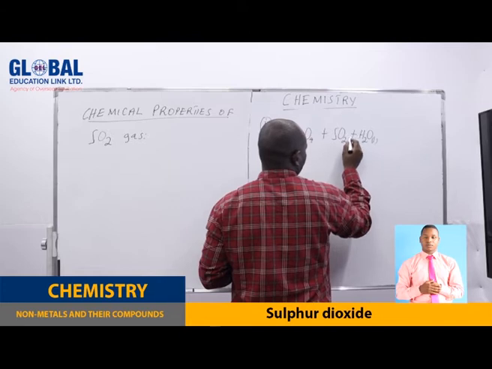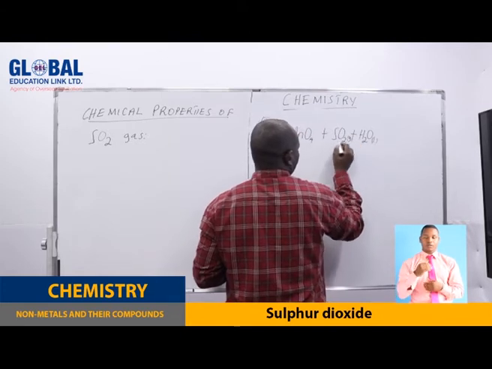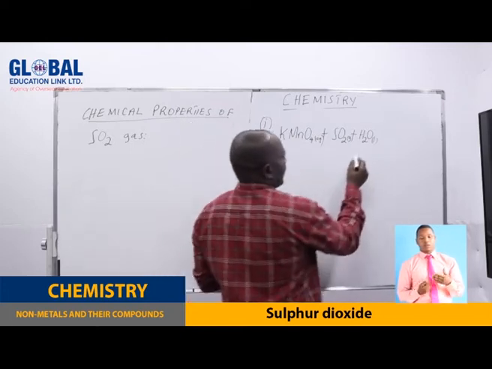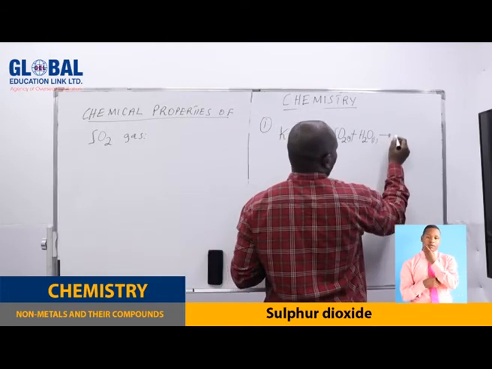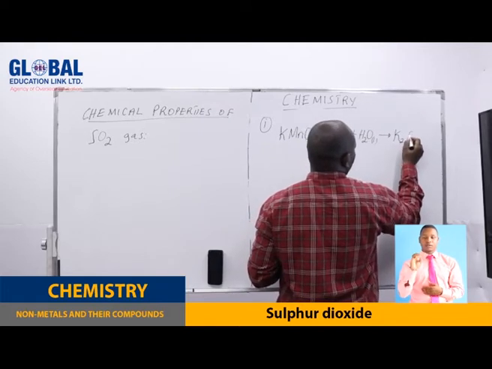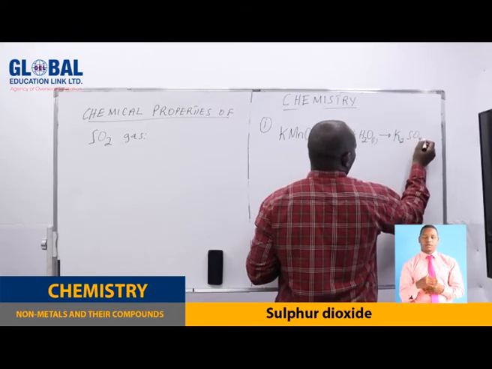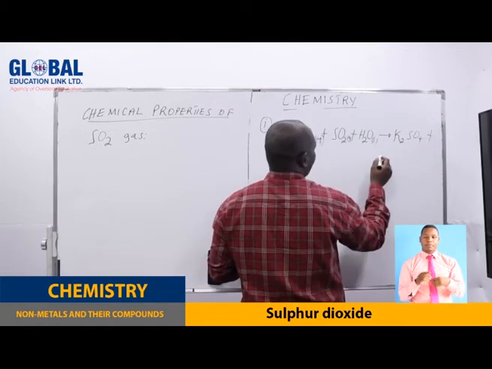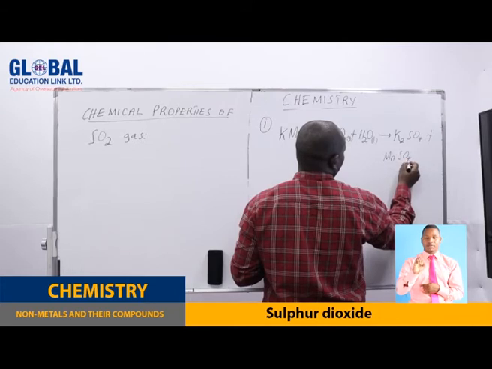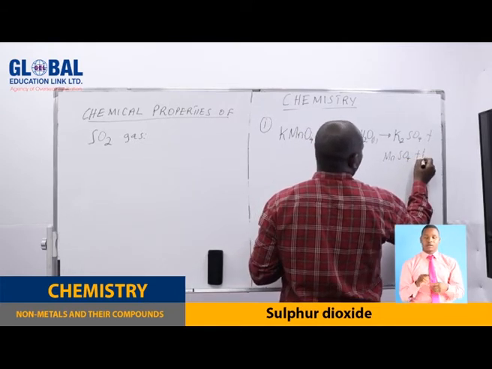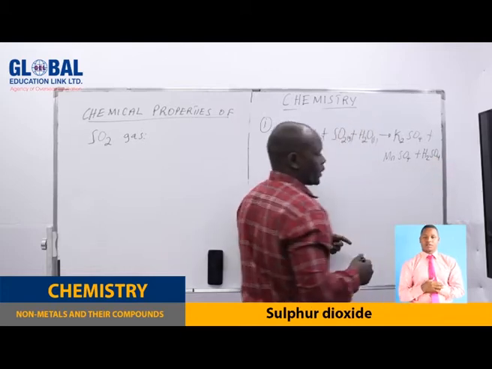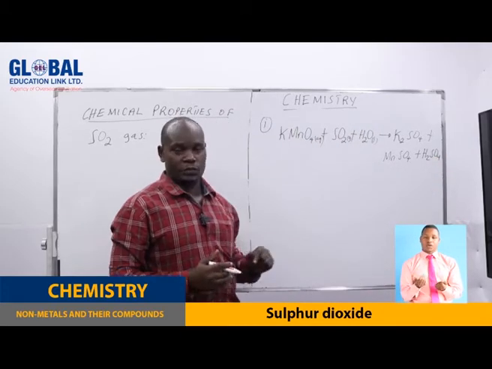This is gas, and this is aqueous. The products obtained here are potassium sulfate, plus manganese sulfate and sulfuric acid. You can balance the equation, it is your task to balance.